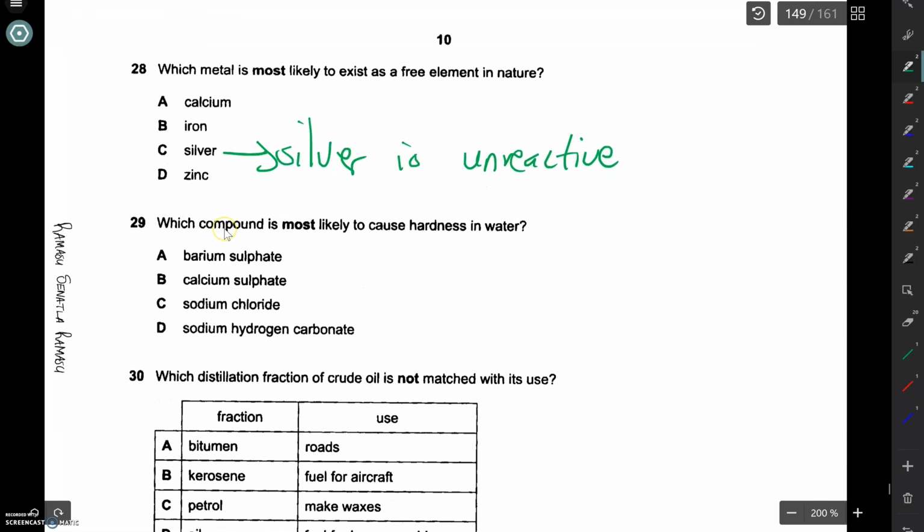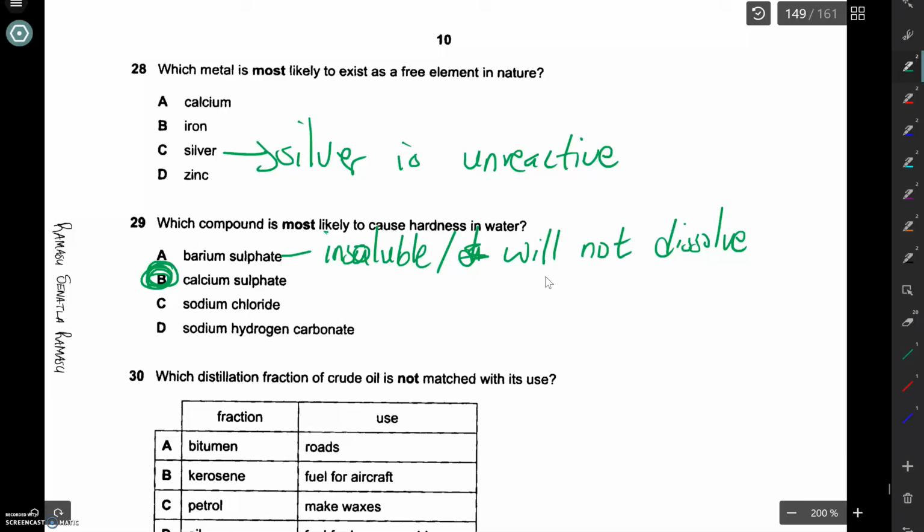29 says which compound is most likely to cause hardness in water? This is calcium sulfate. Barium sulfate is insoluble in water, so it will not dissolve in water. So it can't cause hardness if it can't dissolve in water, right?